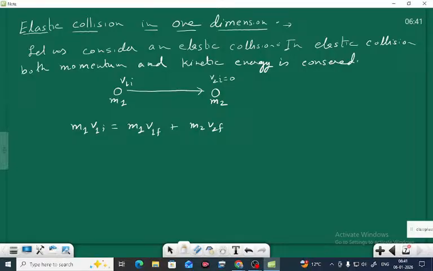After collision this will be different, right? It is in one dimension, right? So this is equation 1.